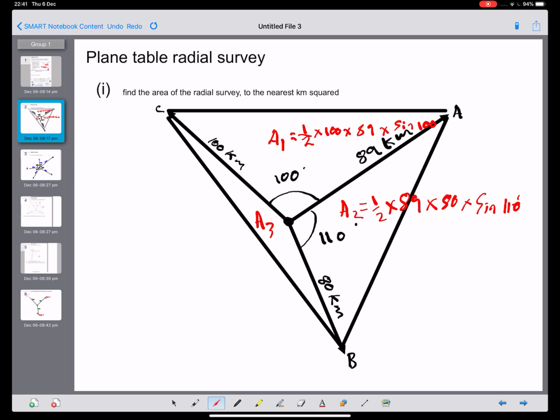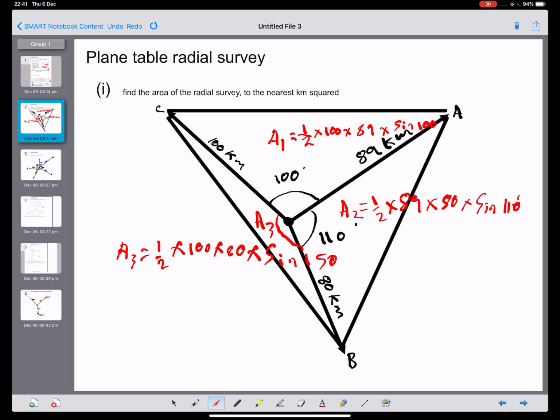And then finally, for area 3, you're going to do half times 100 times 80. Here we use angle facts, and this one is going to be sine 150, because 100, 200, 300, and the 10 makes 60.